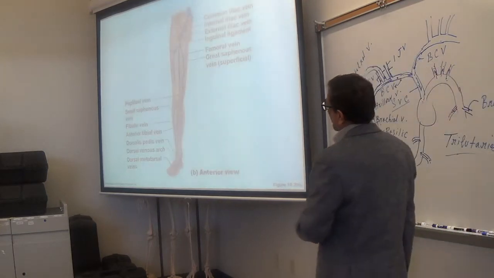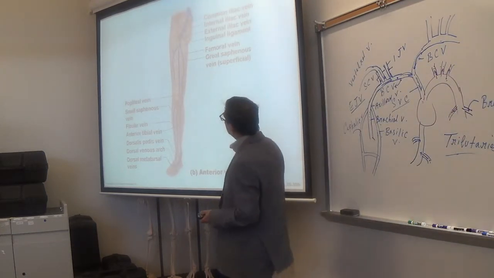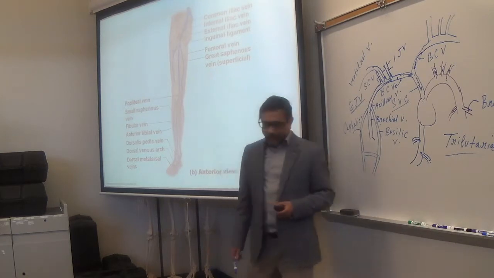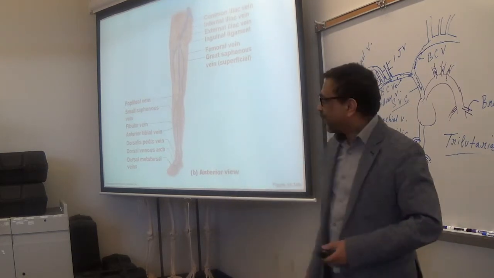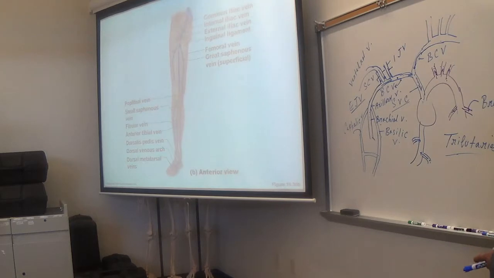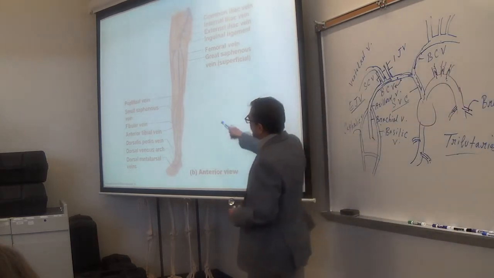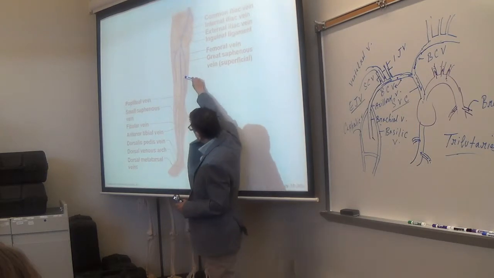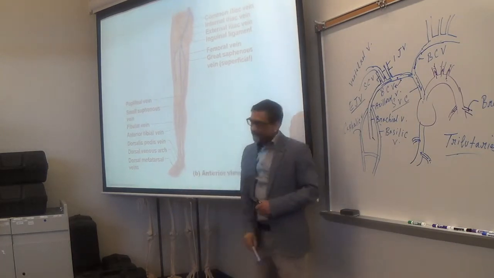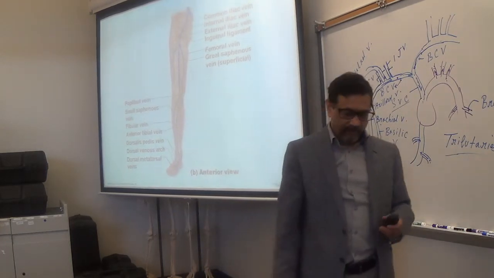External iliac goes to the thigh and it becomes femoral vein. But you remember, I said a very long vein arises from the upper part of the femoral. That is the great saphenous vein. See here. It goes all the way to the foot.